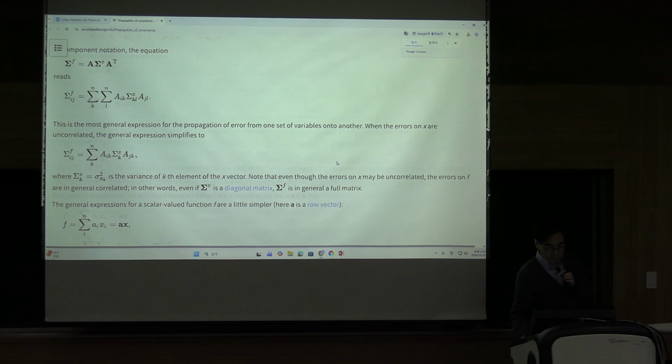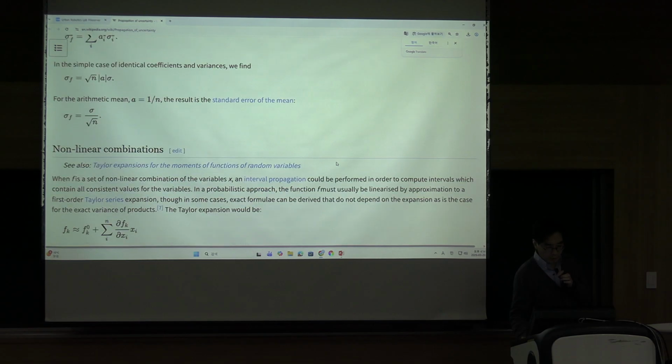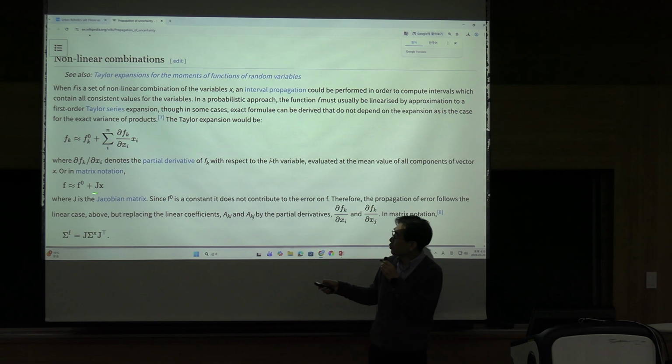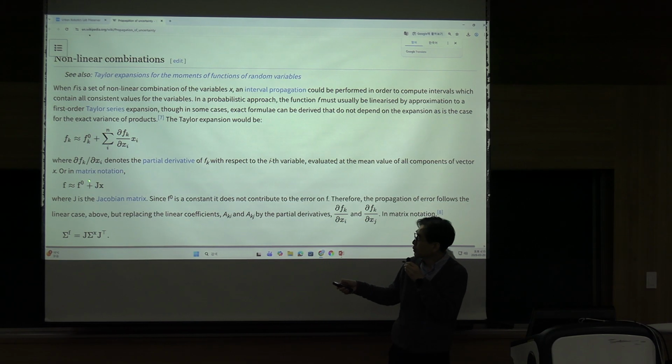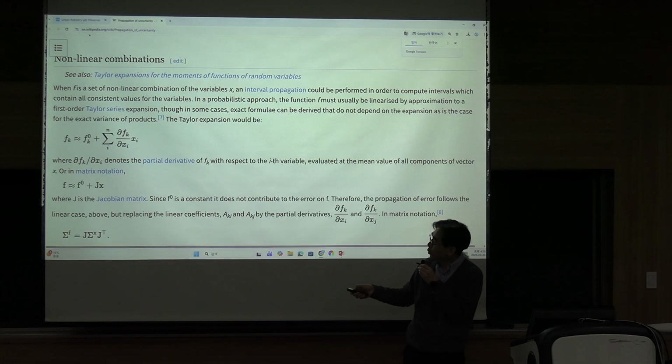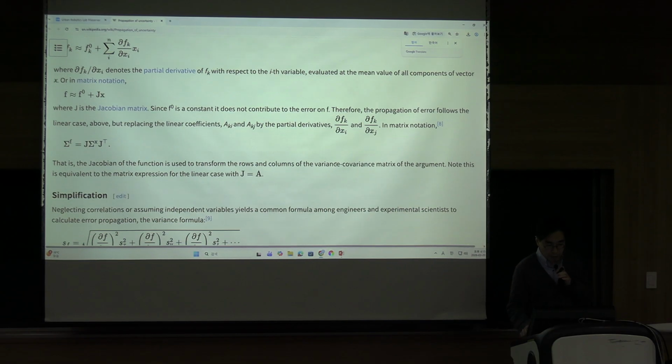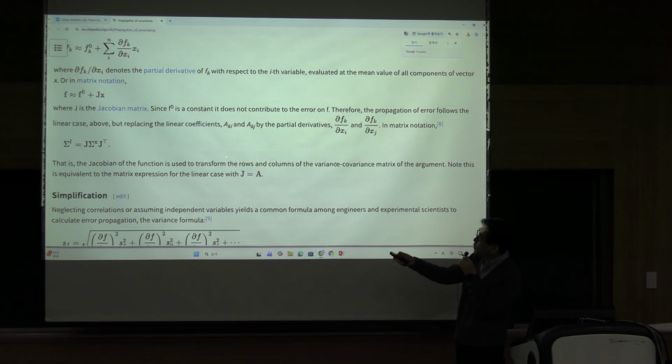But how about the nonlinear equation? We are dealing with a nonlinear equation like this. We can linearize it using the Jacobian. J is the Jacobian, and around the operating point F0 we can linearize. This is the Taylor series expansion, actually. You know that F0 is constant.